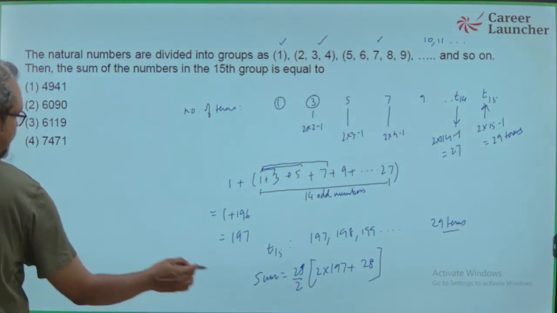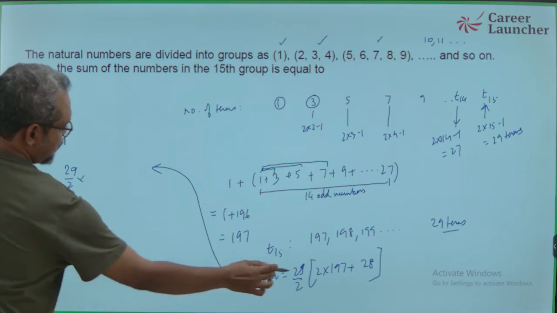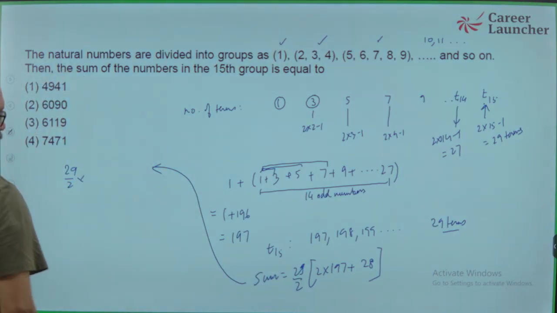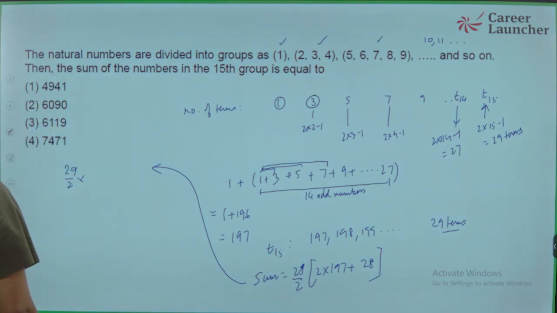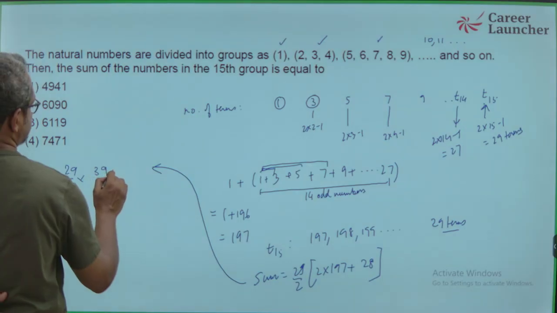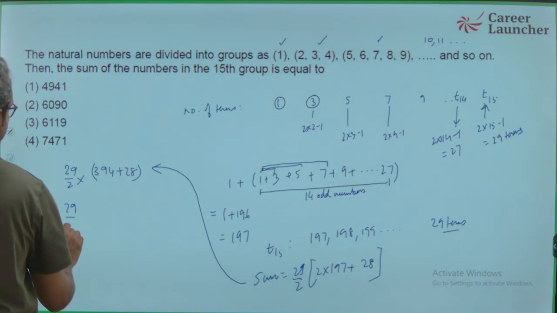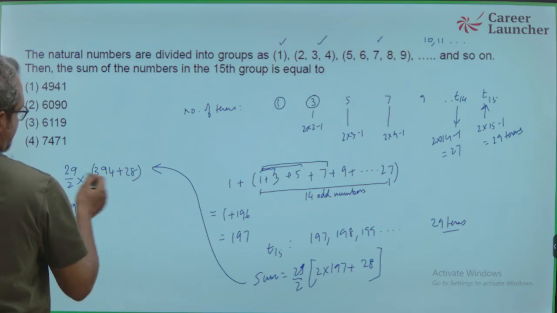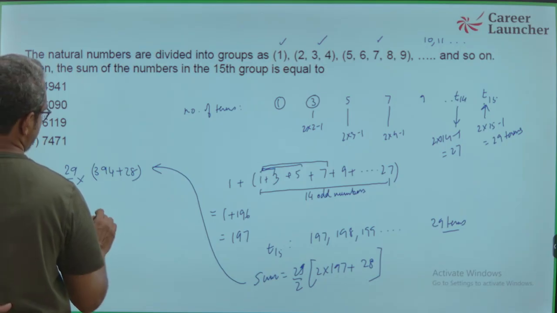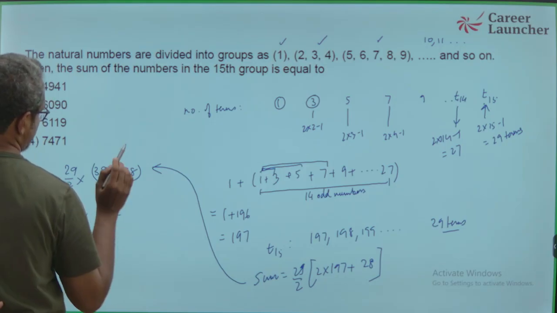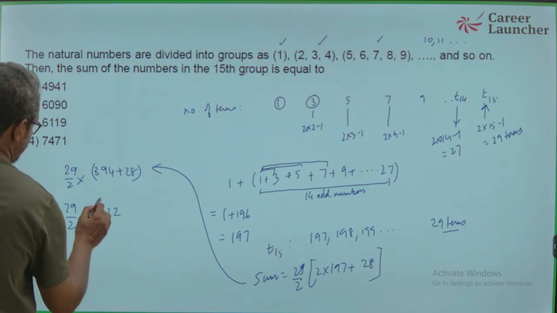So we have 29 over 2 times 197. So that is 394. 394 plus 28. So that's 29 by 2 times 30 will be 422. So that would be 211.